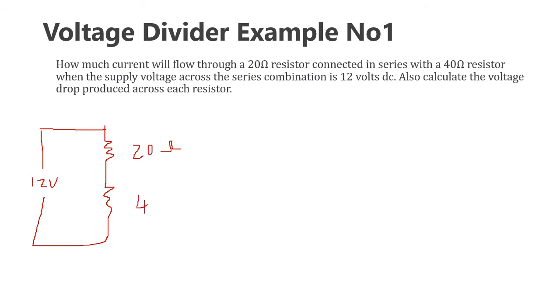As we learned previously, the supply current we can take as I. The initial step is to find the total equivalent resistance. The equivalent resistance RT will be equal to 20 ohm plus 40 ohm, that will be equal to 60 ohm.